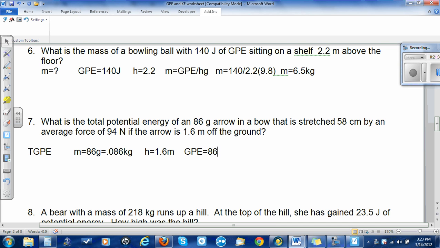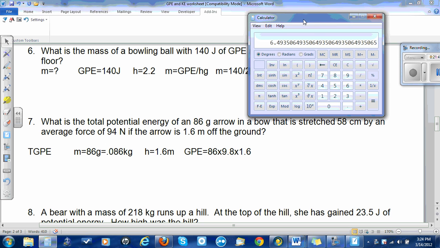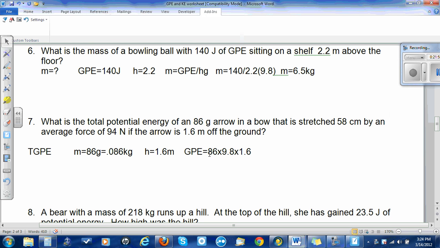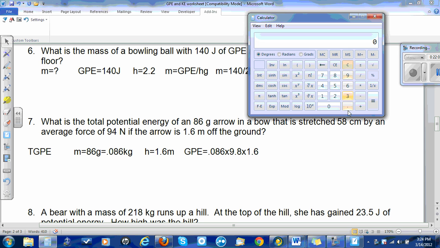So we have a GPE of 86 times 9.8 times 1.6. Okay, for a calculator. I forgot 0.086. 0.086 times 9.8 times 1.6 equals.